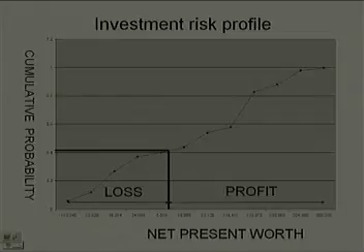So once you have been able to develop a risk profile like this, arriving at a decision is not a difficult task. Now what will be the ultimate decision is again dependent on the person who is making the decision.